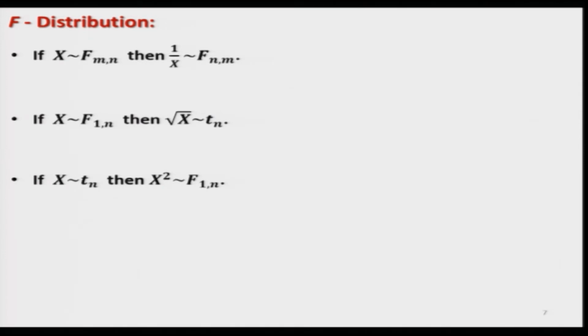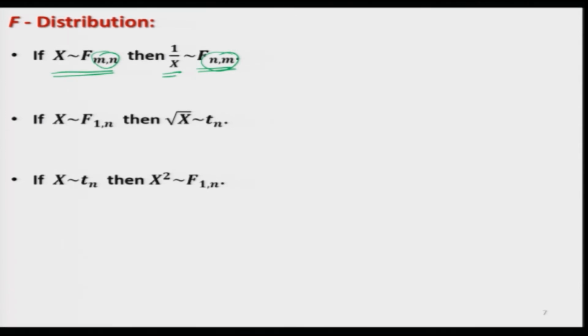Now, another important result: if x follows an F distribution with m and n degrees of freedom, then 1 upon x will also follow an F distribution, only the degrees of freedom will be interchanged. Earlier it was m, n, now it will become n, m.